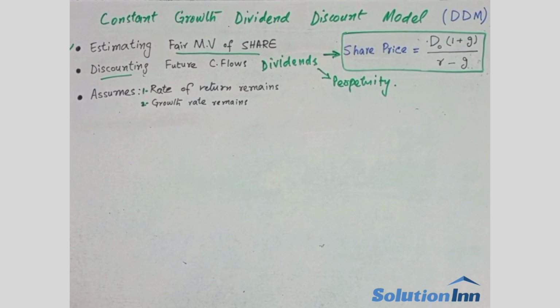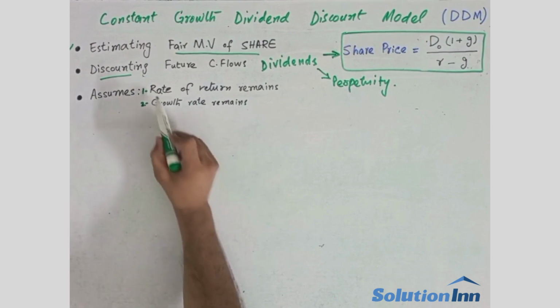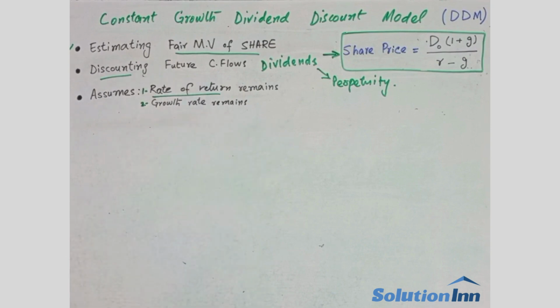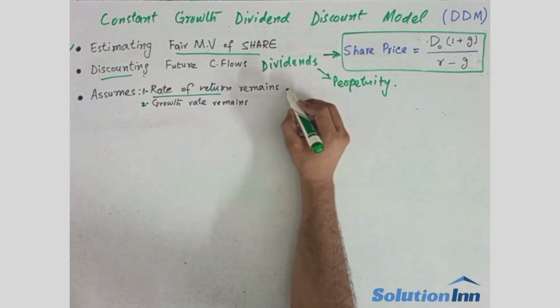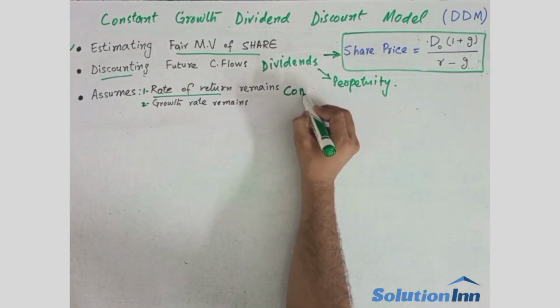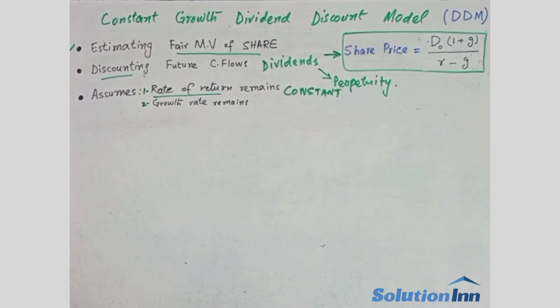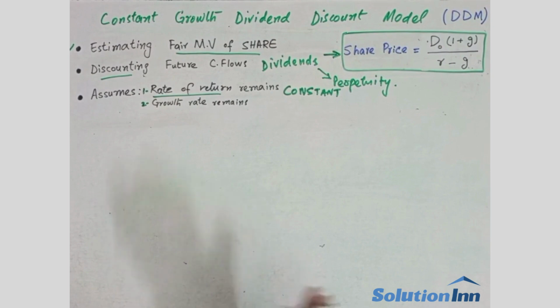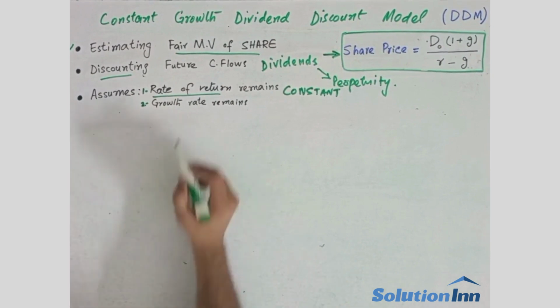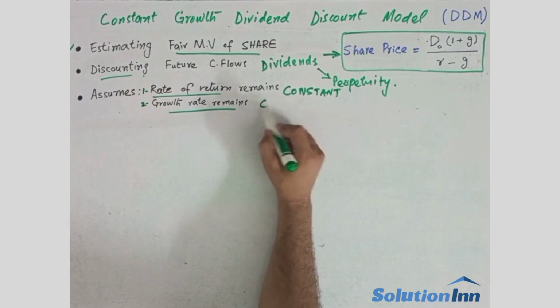Another important assumption is that the rate of return that we are using, which is basically the cost of capital of the company, remains constant. We'll discuss this later in detail, but the third important factor is that the growth rate also remains constant.